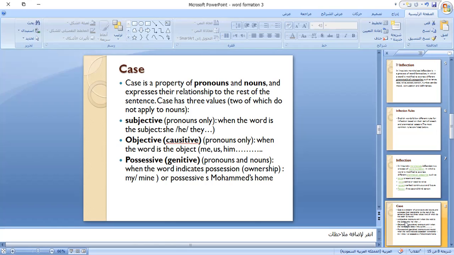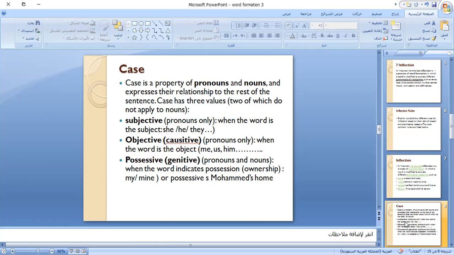A case has three values, two of which do not apply to nouns, and they are used with pronouns but not with nouns.